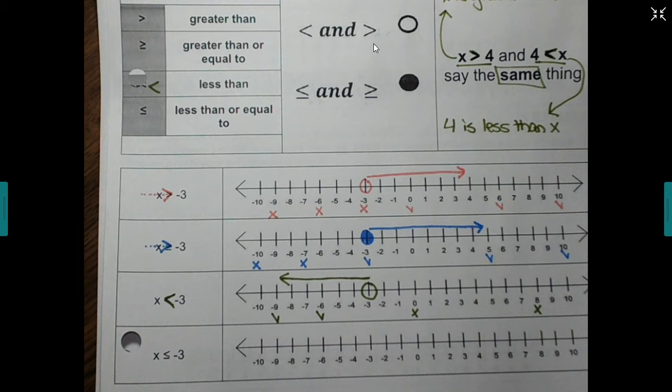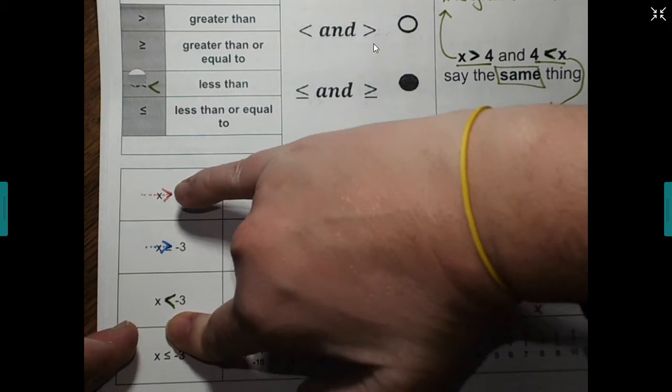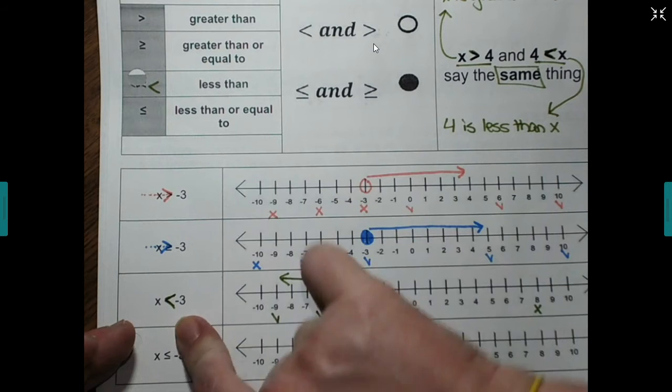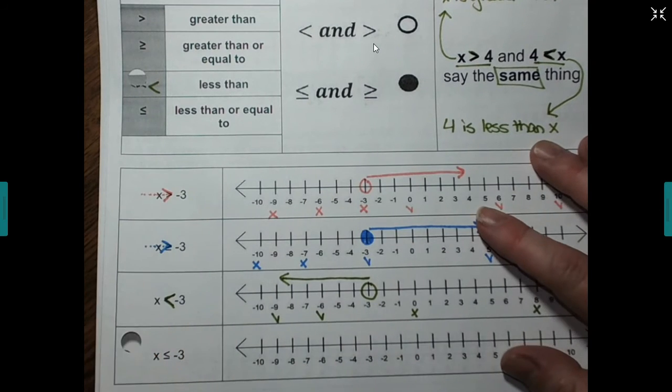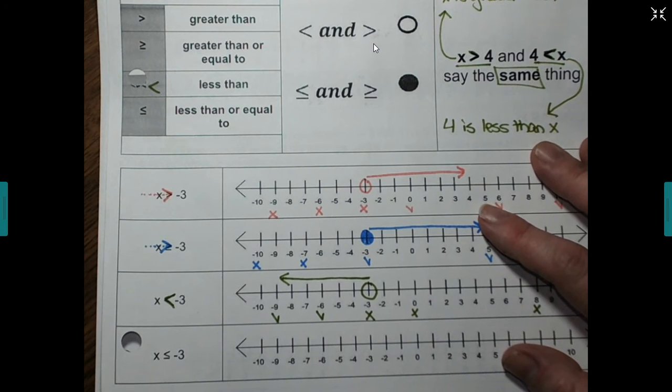Let's think about negative 3. Is negative 3 less than negative 3? Well, just like up here, negative 3 is not greater than negative 3. It is also not less than negative 3. So negative 3 is not less than negative 3.